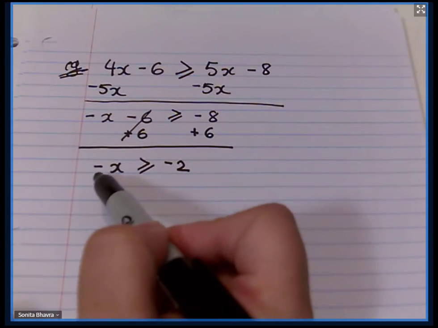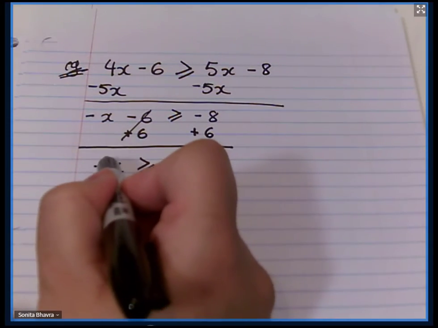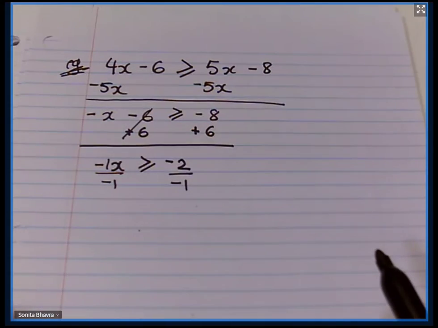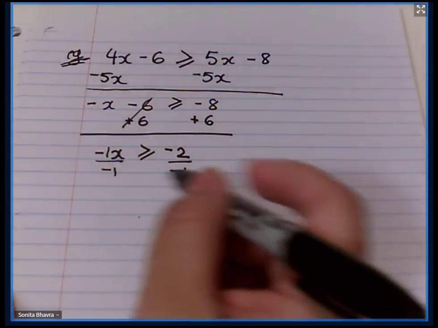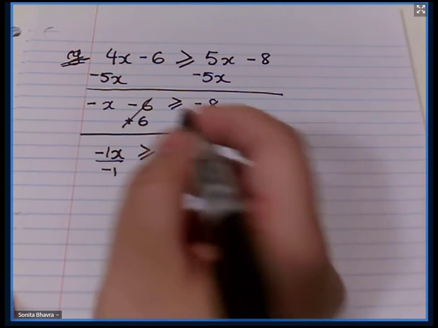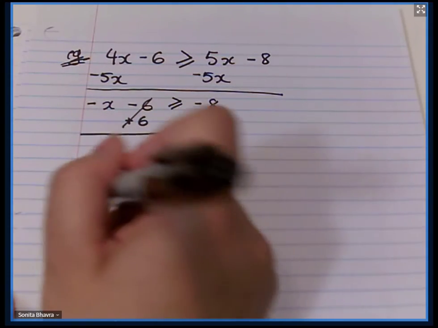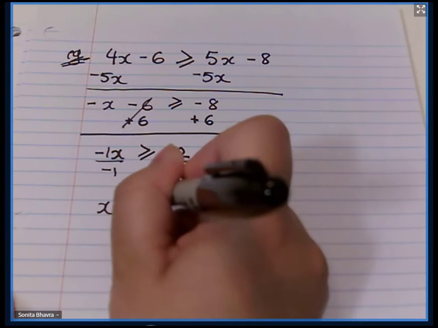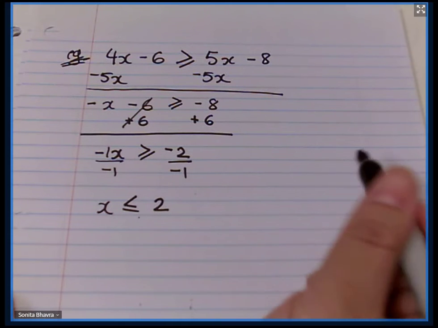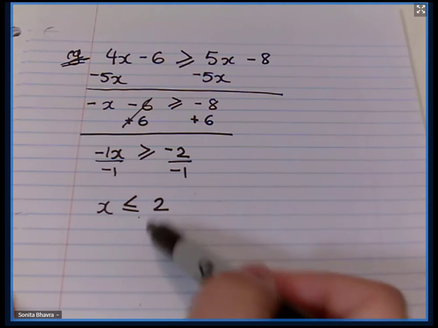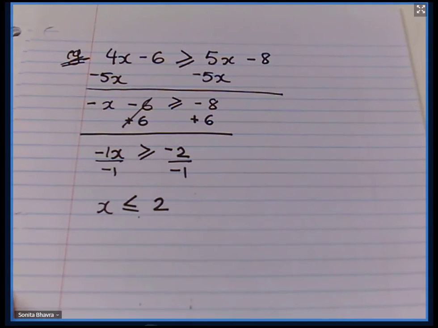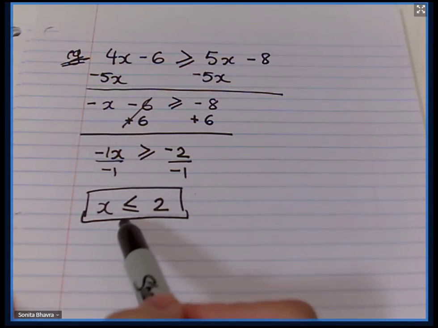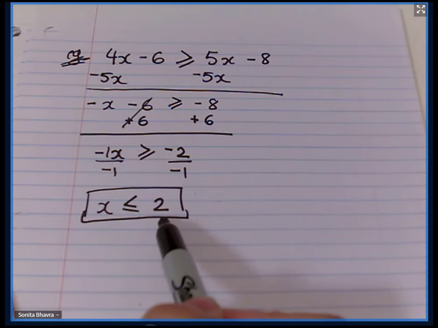And then here, because it's a negative x, which means it's a negative 1x, I do have to divide by negative 1. So here is where I have to flip my sign because I'm dividing by a negative number. So I end up with x is less than and equal to positive 2. Negative 2 divided by negative 1 gives me positive 2. So the answer is x is less than and equal to 2.